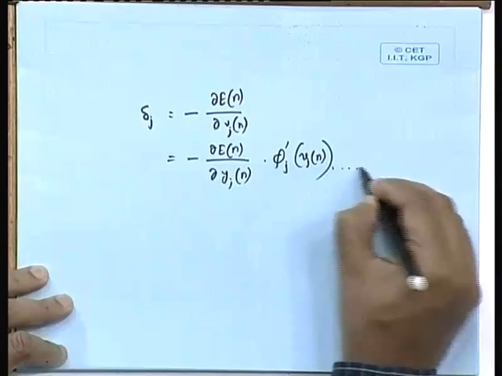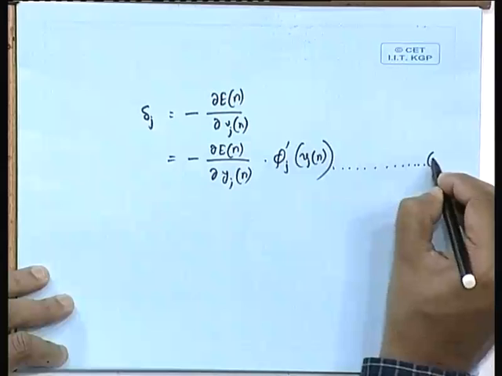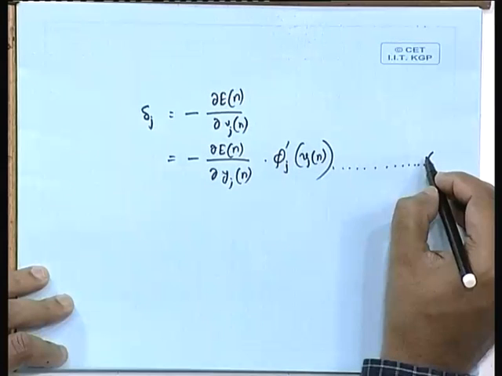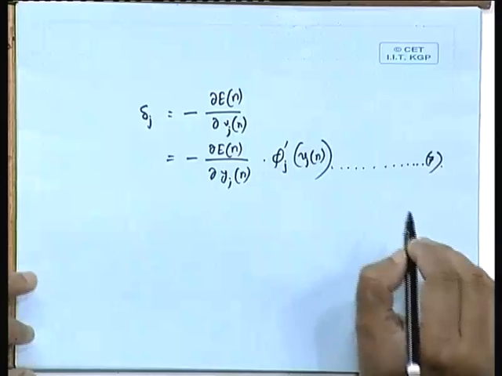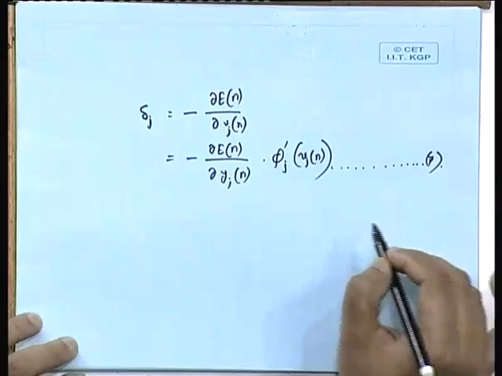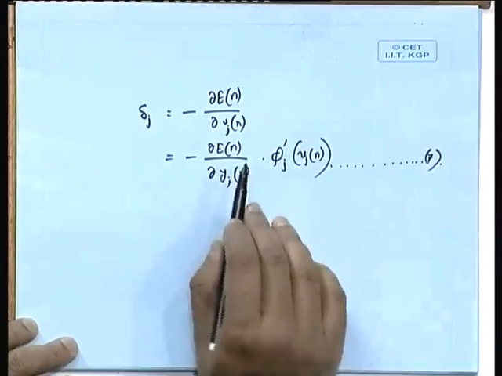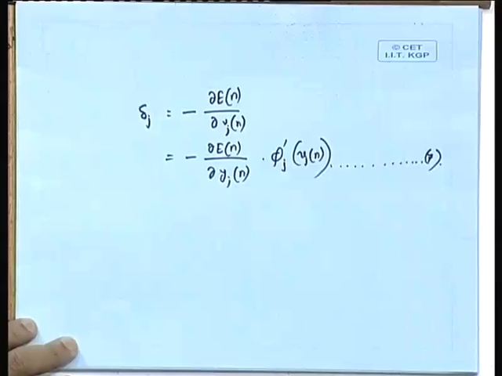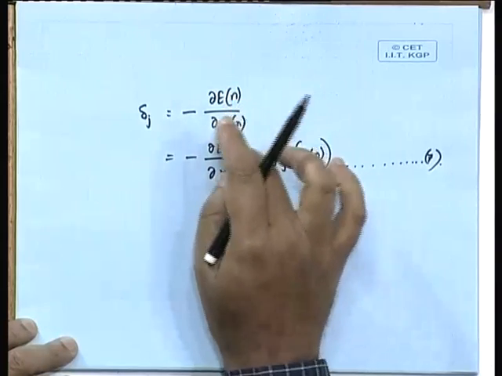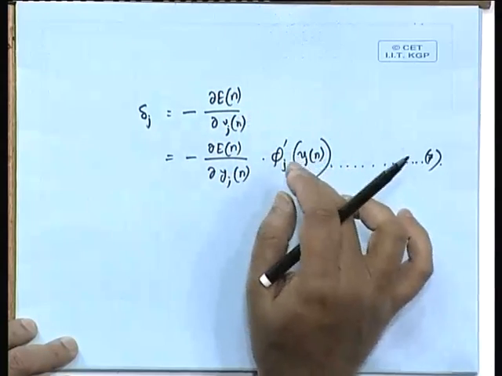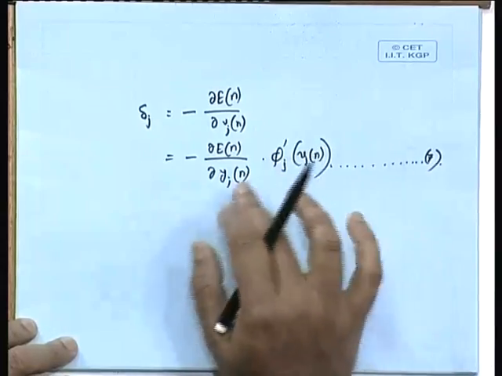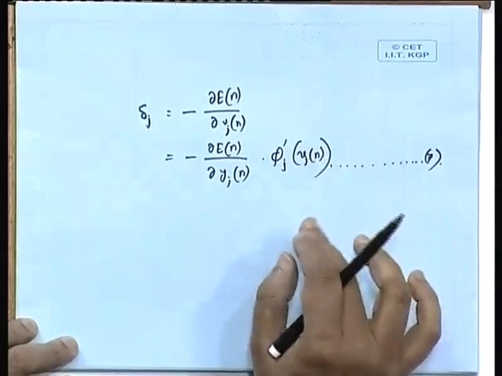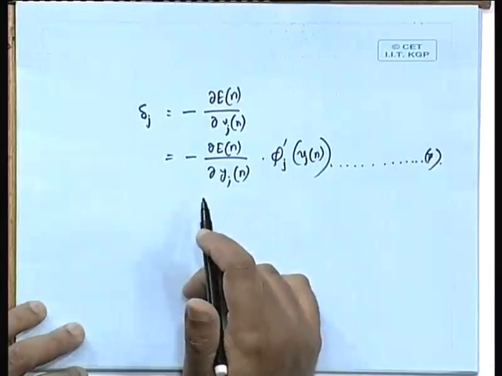So, this is equation number 7, what is the equation number running? 7. We have to give equation number 7 to it. This is again by applying a simple chain rule, that instead of taking the derivative with respect to Vj, we are first taking the derivative with respect to Yj and then taking the derivative of this function with respect to Vj.